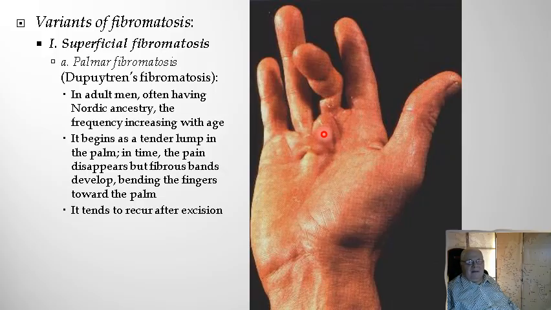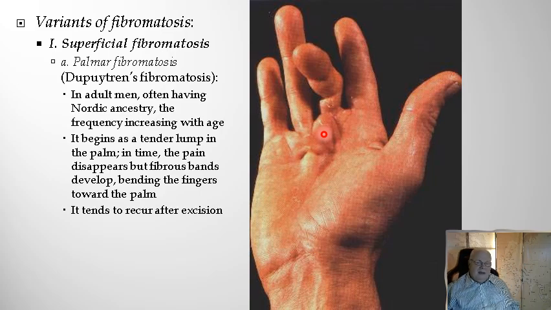Obviously, it's not a very nice thing to have such a definitive deformation of your hand, affecting mostly men of Nordic ancestry, so Scandinavians, but possible in anybody, though least frequently. So having such a thing, you want to operate and remove the problem.